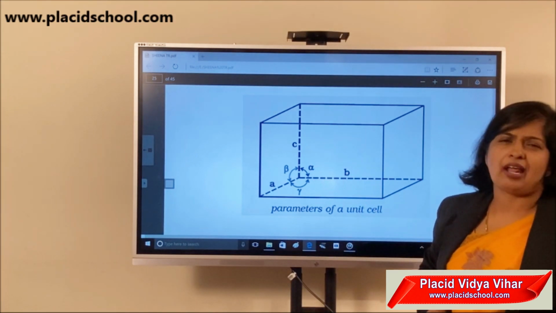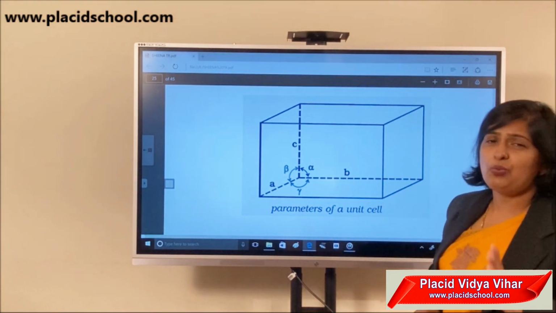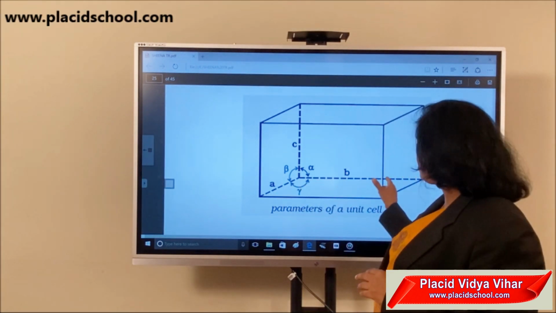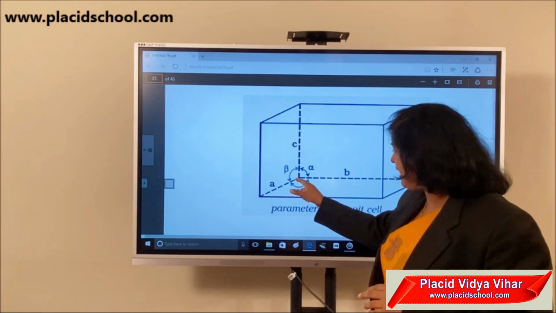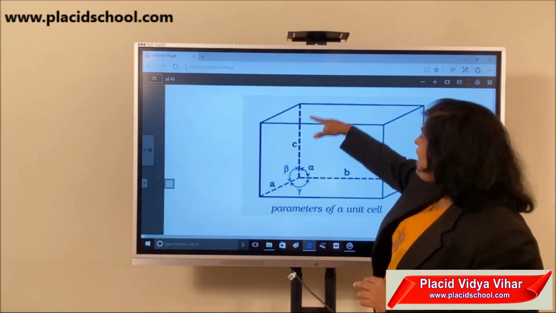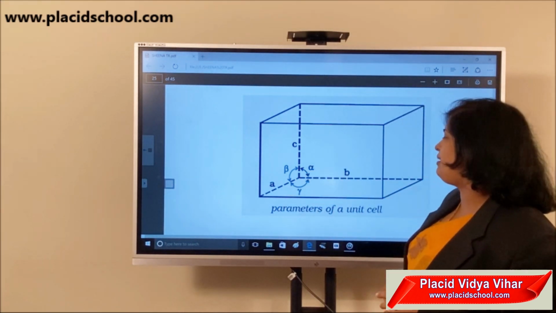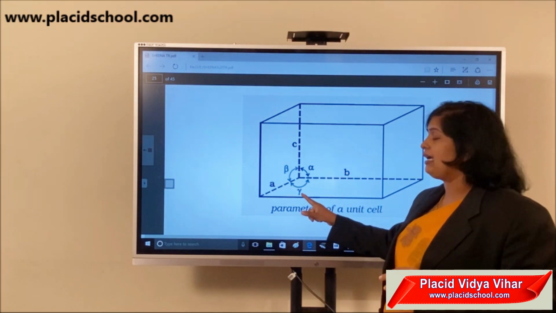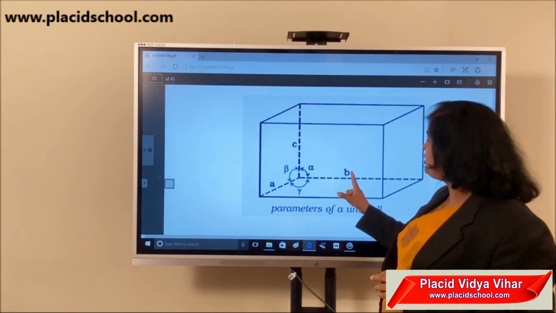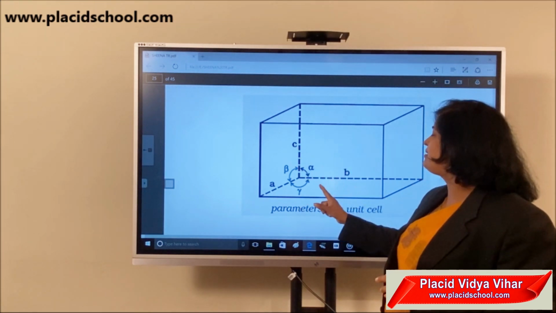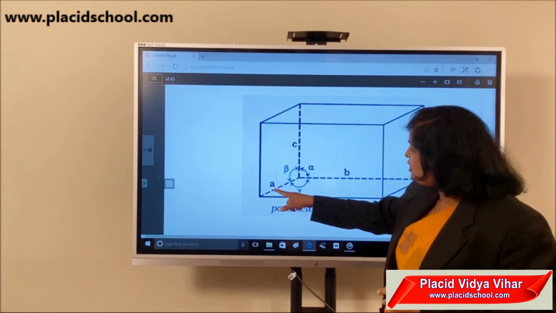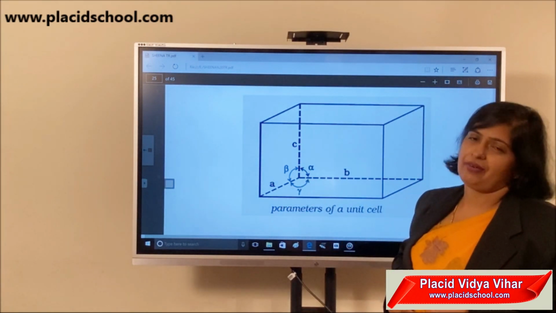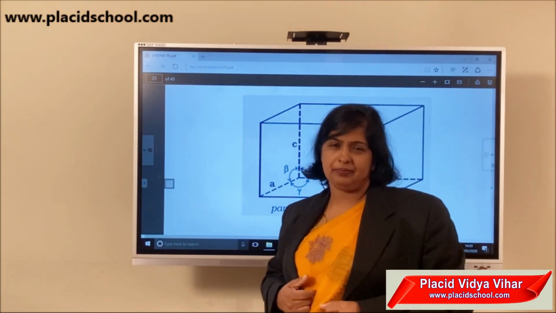In order to describe a unit cell well, we need the dimensions: length A, breadth B, height or width C, and the angle between A and B is gamma, the angle between B and C is alpha, and the angle between A and C is beta. These are the parameters of a unit cell.